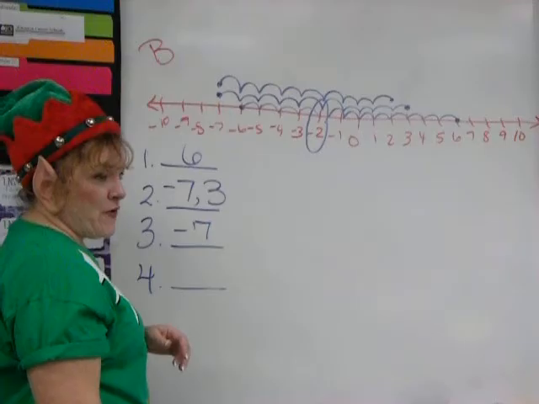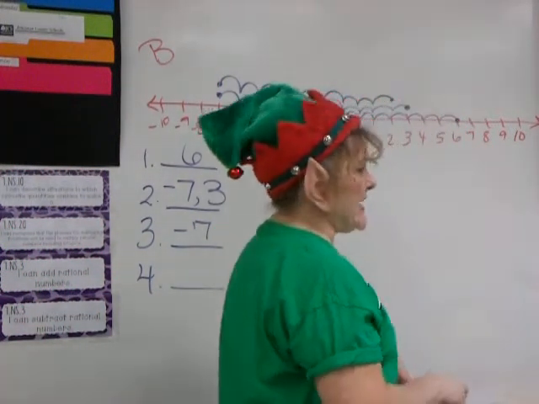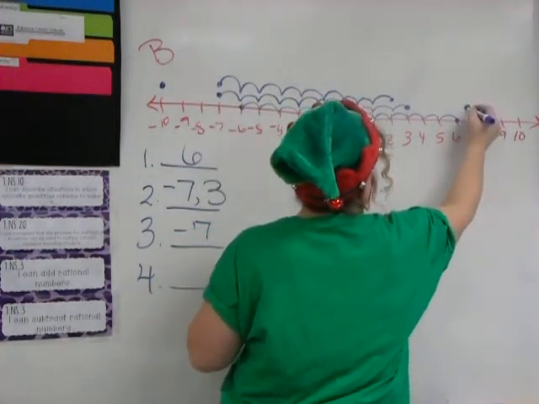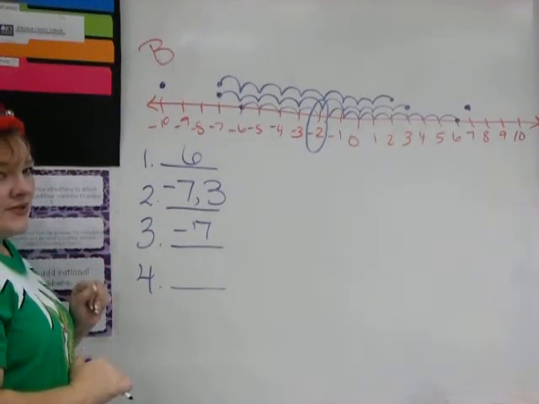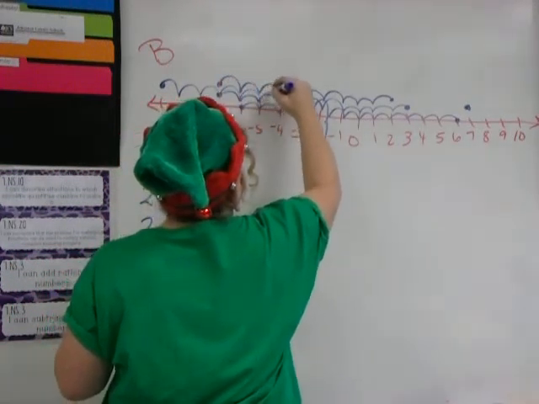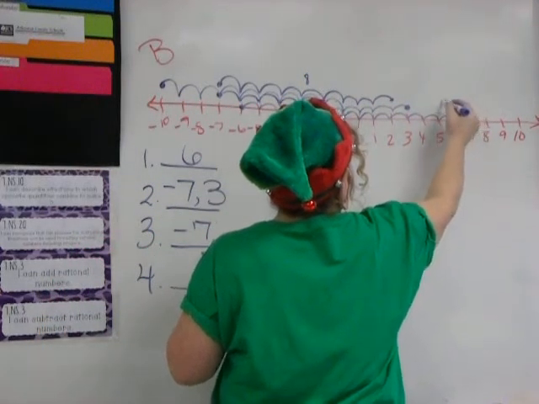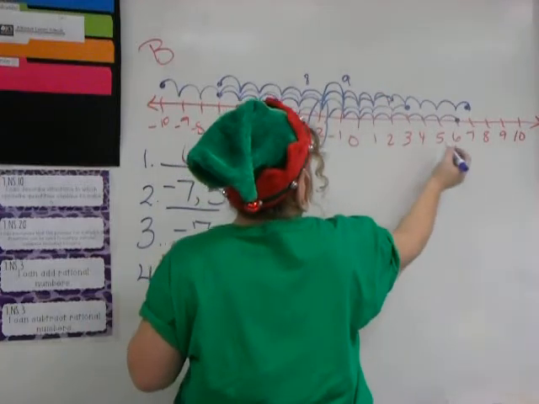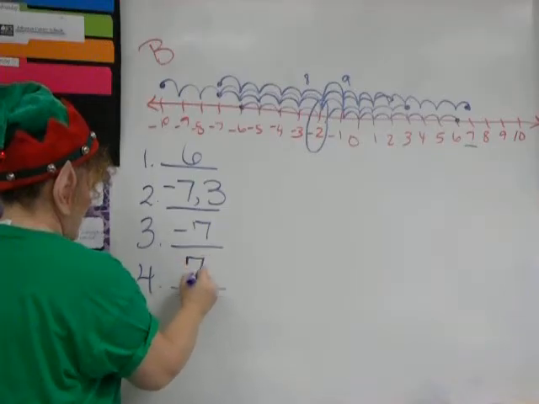And the last one for B, the two they give you is negative 10 and positive 7. So we're going to count it off. 1, 2, 3, 4, 5, 6, 7, 8. 1, 2, 3, 4, 5, 6, 7, 8, 9. Which one's further away? Positive 7. Okay.